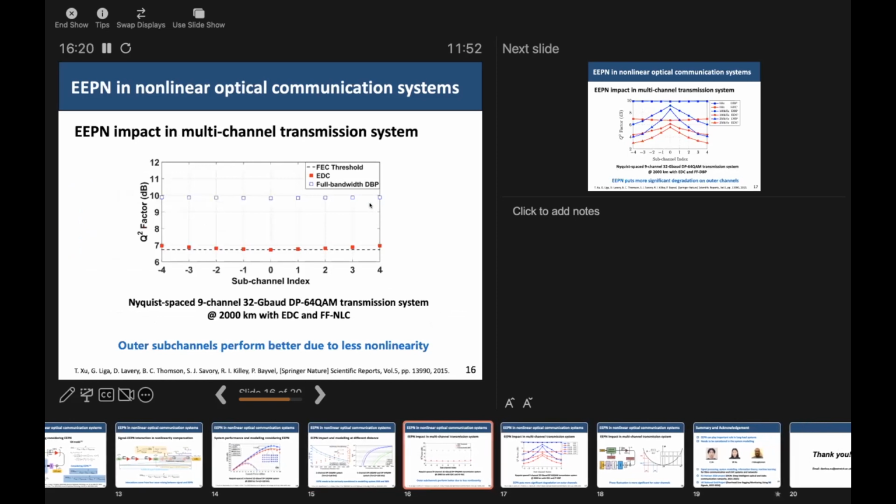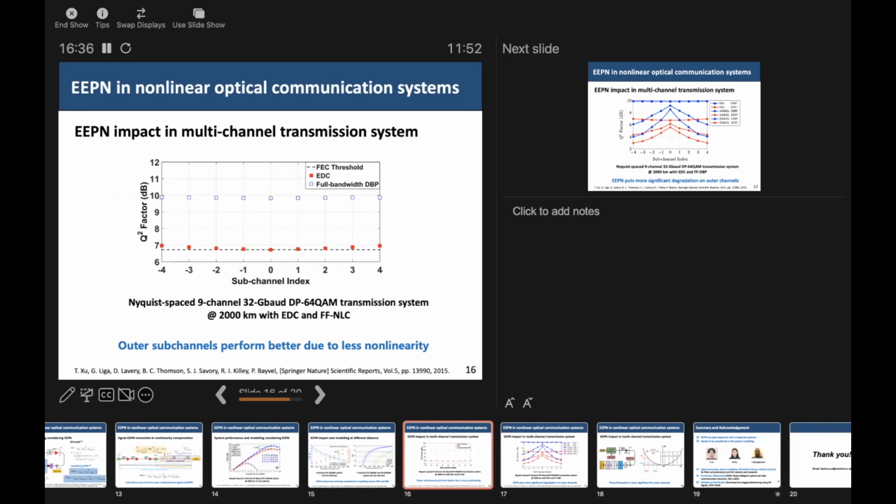Also, for the multi-channel system, we studied previously, but we only looked at the performance of the central channel.